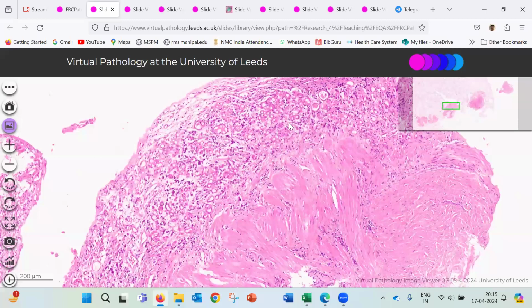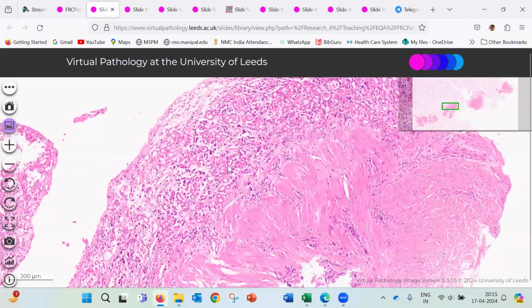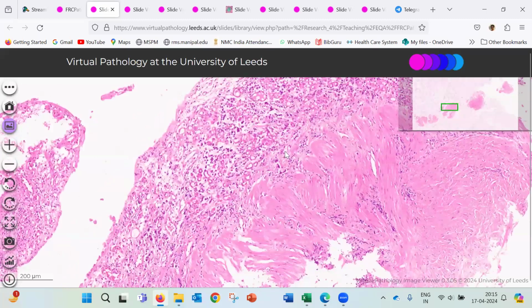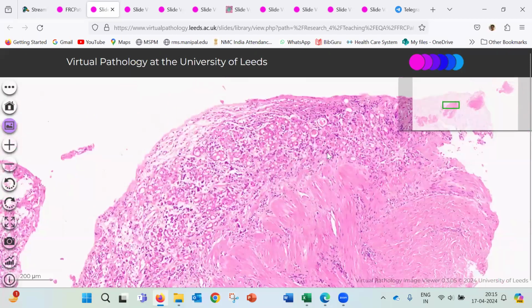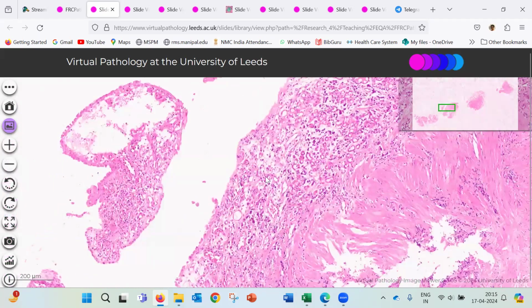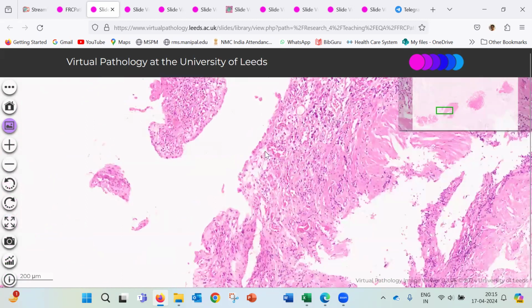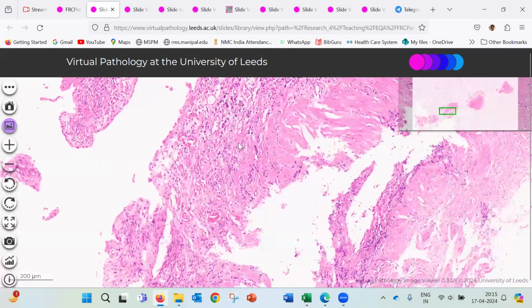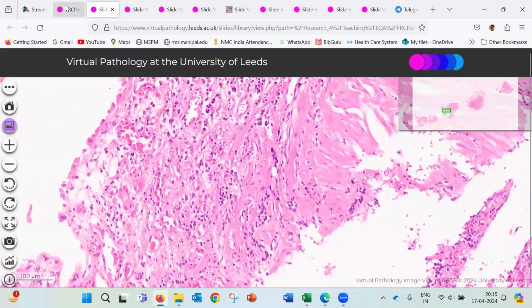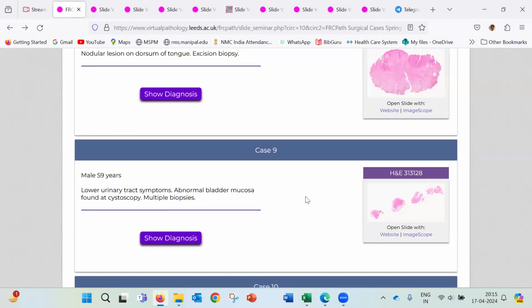It can be under some bladder diverticula or some stone or some chronic irritation going on in catheterized patients. So in this kind of thing, there is no urothelial dysplasia or in situ malignancy, particularly in this case. So this is how you complete this section and pass the section.